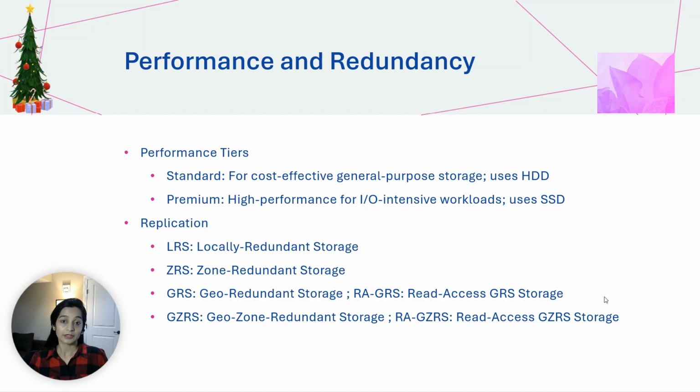Azure Storage performance tiers and redundancy options offer flexibility to support diverse workloads, from cost-effective bulk storage to high performance, highly available enterprise applications. Choosing the right combination ensures an optimal balance between cost, performance, and data resilience.